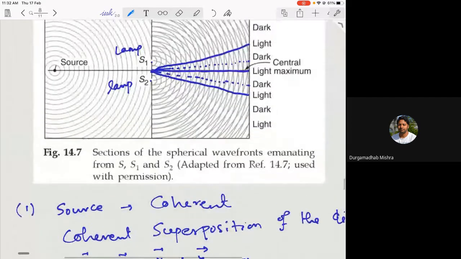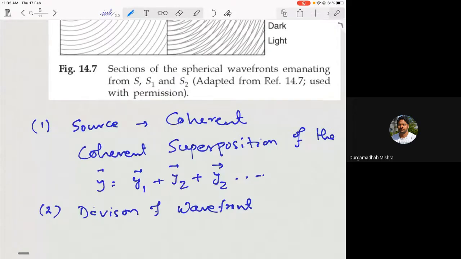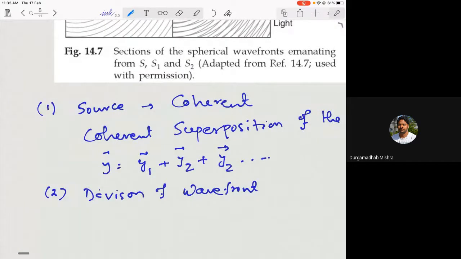So you have one wavefront which now gets divided into two different sources, virtual sources basically, S1 and S2, and gives rise to new wavefronts, and these wavefronts are interfering. So this is a division of wavefront. This is what happens in Young's double slit experiment.